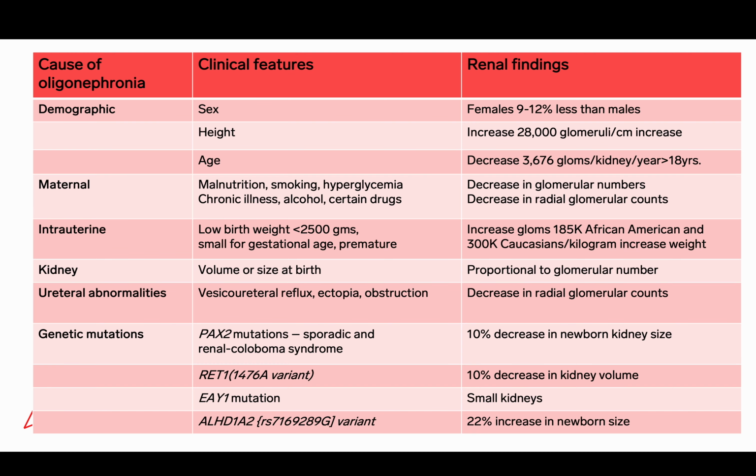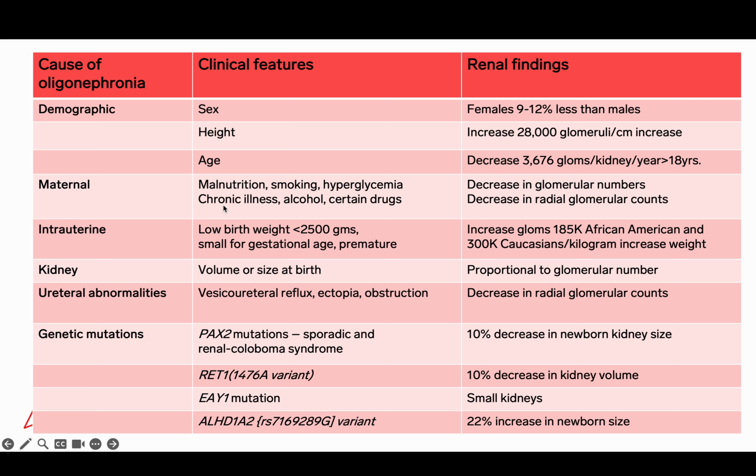There are many causes of oligonephronia or reduced nephron number. Many of them are listed in this table. There's the demographic. In some studies, females appear to have 9 to 12% fewer nephrons than males. Taller individuals have an increase of 28,000 glomeruli per centimeter increase. There is an age-related decline in nephron numbers of almost 3,700 per kidney per year.